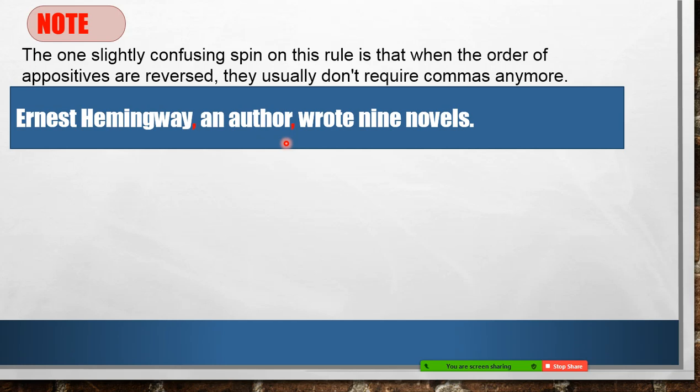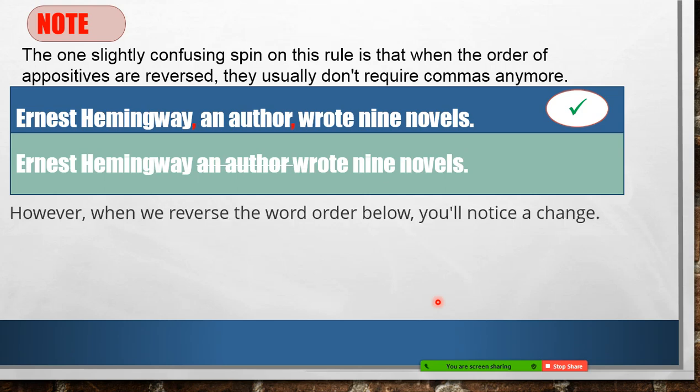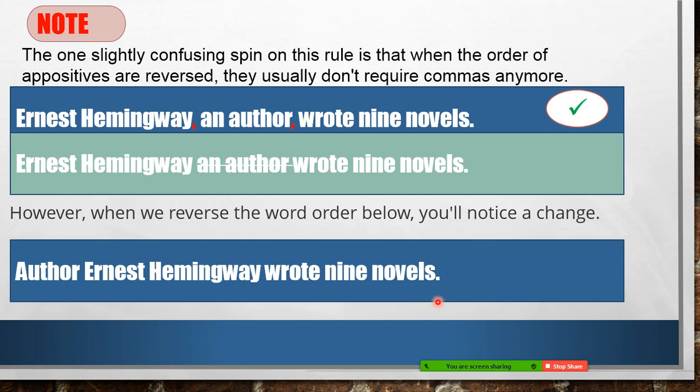So I can exclude it or get rid of it and read what is left. That's why I put it between two commas. So this is the correct version, the first one. If we reverse the same sentence, meaning reverse the word order, we will note that there would be a change. It will read like this.